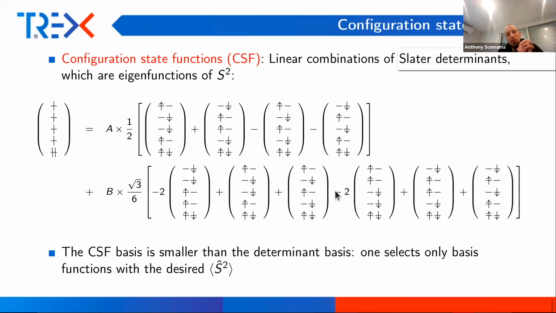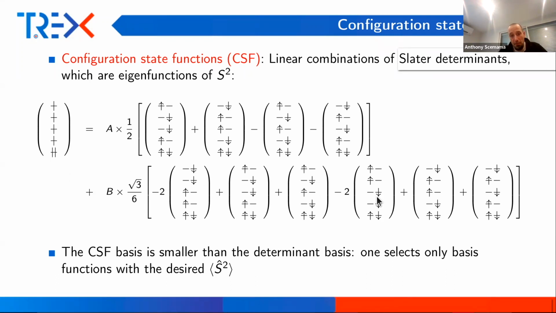And in that case, you will obtain a wave function that is an eigenfunction of S squared with eigenvalue 0, because it's a property of your basis functions. Okay, so you will be antisymmetric, orthonormal, and eigenfunction of S squared. And so it will be also impossible to represent a triplet in this basis, because the singlet character is encoded in the coefficients of the basis functions.